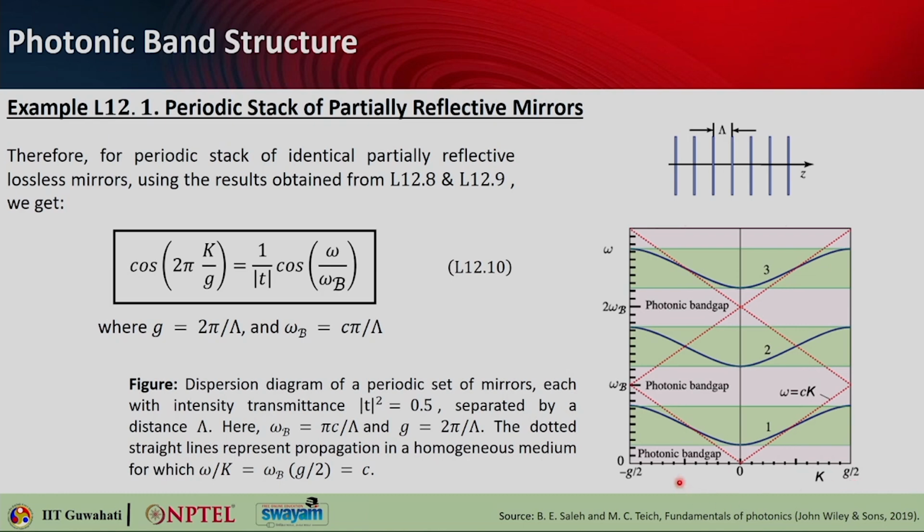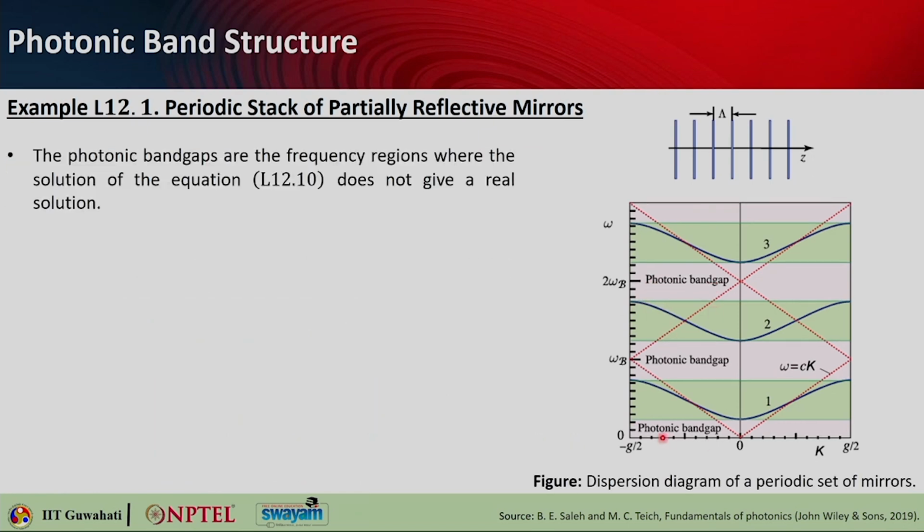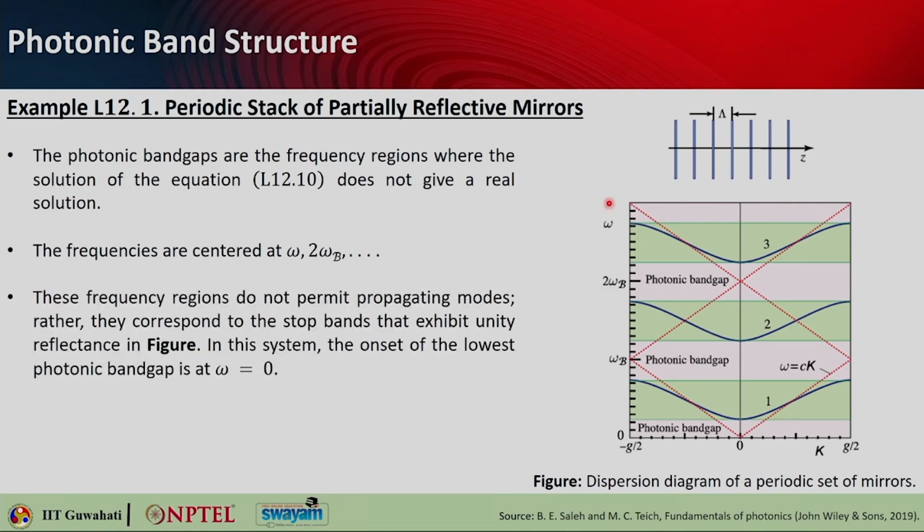But here in this case you can see it starts with a band gap, then there is some band which is allowed, then again there is a band gap, then again there is some band where the propagation is allowed, then again there is a band gap, and so on. This is what I have already discussed, that in the photonic band gaps there is no real solution, and all the band gap frequencies are centered around omega b, 2 omega b, and so on, 3 omega b.